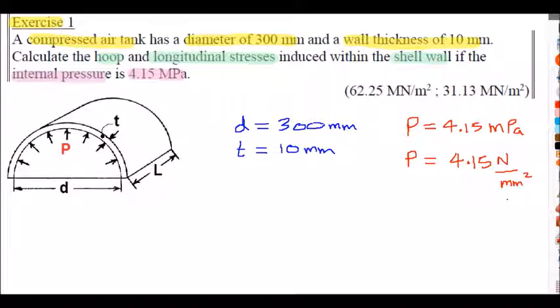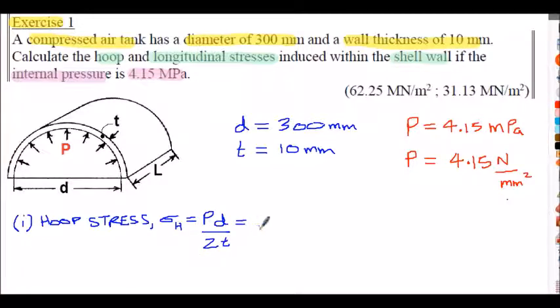Okay, it wants us to find the hoop stress and the longitudinal stress. So let's do the hoop stress first of all. Hoop stress, also called circumferential stress. I use my sigma h, and sometimes lowercase h or uppercase H is used, different symbols in different textbooks. So PD upon 2t is the formula we're going to use, and that's equal to my pressure, 4.15, multiplied by my diameter, 300 millimeters, all divided by 2 multiplied by the thickness, which is 10.